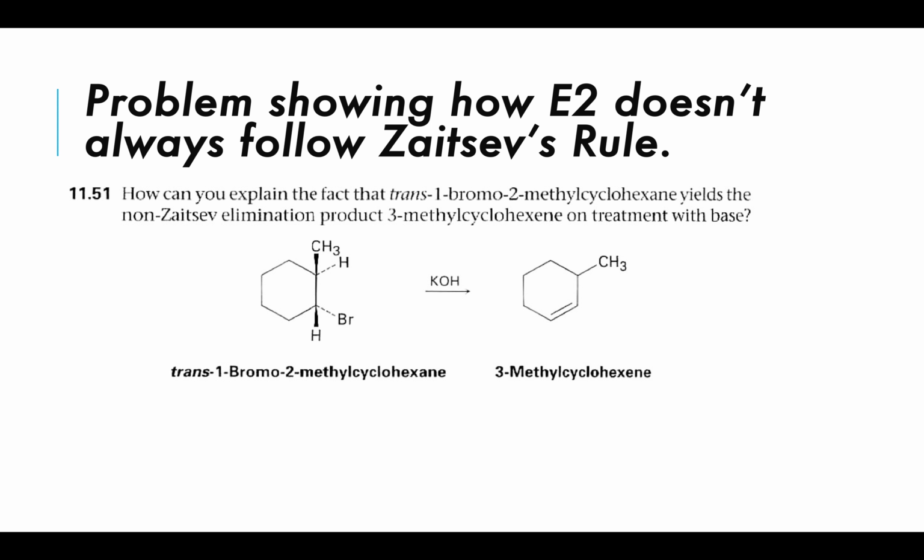Now, if we followed Zaitsev's rule, this bromine and this hydrogen would eliminate to form an alkene here, because this alkene would have one, two, three carbon substituents. It would have been a tertiary alkene.